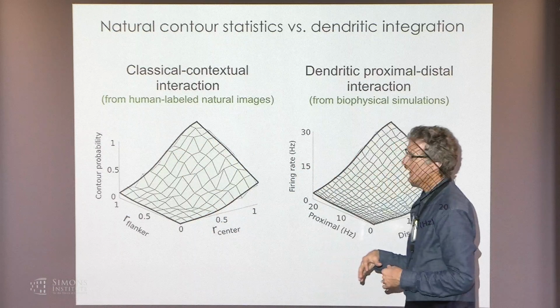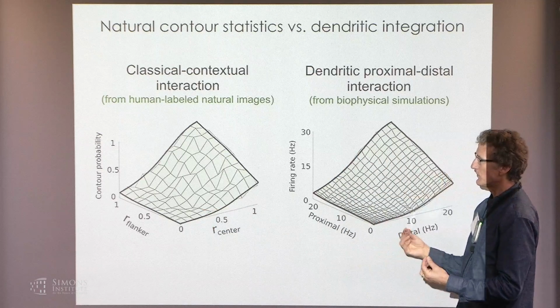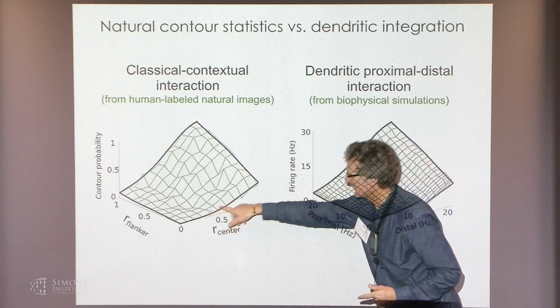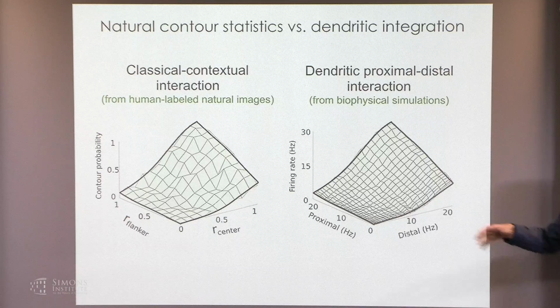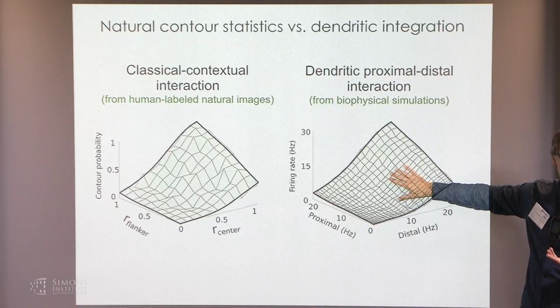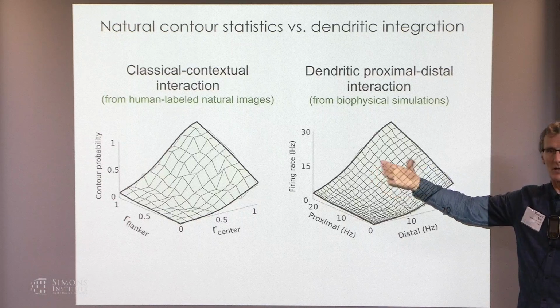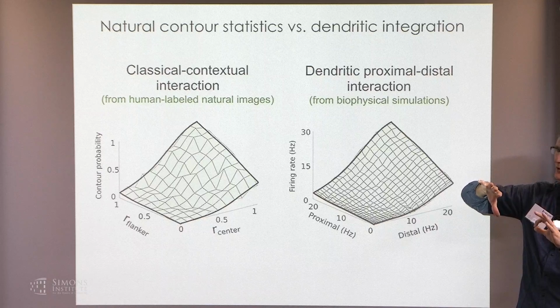And if you were to take these input values and put them onto a dendrite at two different locations, it would produce that function. And that function, the black frame is the same in both graphs. So this is what the dendrite likes to do and does naturally, based on its biophysics. That's a natural visual computation having to do with contour detection. It's a multidimensional sigmoidal shape.